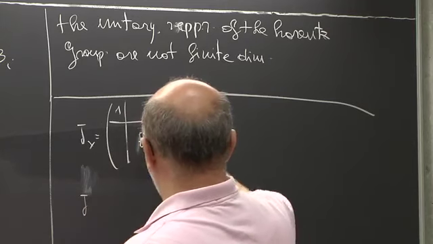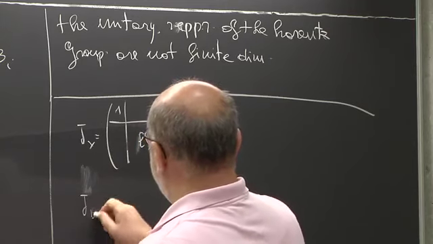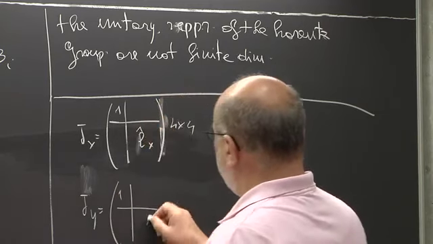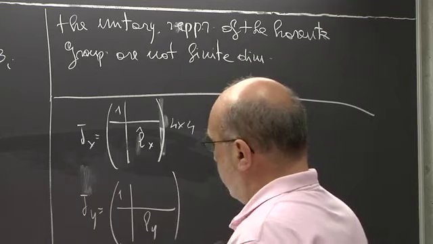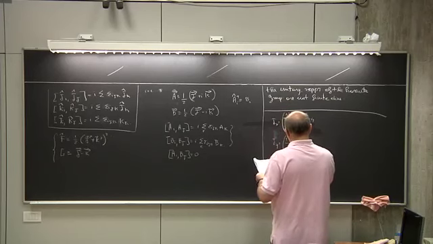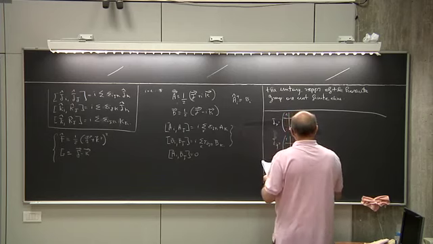Okay, the Jy, this is 4x4, the Jy is 1, and the generator of rotation Ly, and the Jz as 1, Lz.